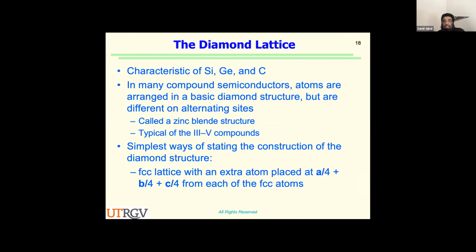Take a look at that. Now, we talked about sodium chloride. We talked about simple cubes. They're not imaginary; there are so many materials that have that structure. But what about semiconductor materials? Silicon, germanium, carbon, they have what we call a diamond lattice. So like simple cubic, FCC, BCC, there is a diamond lattice also. We don't use the word diamond like we use it in everyday life, with that expensive thing you give your fiancée to ask her to marry you.